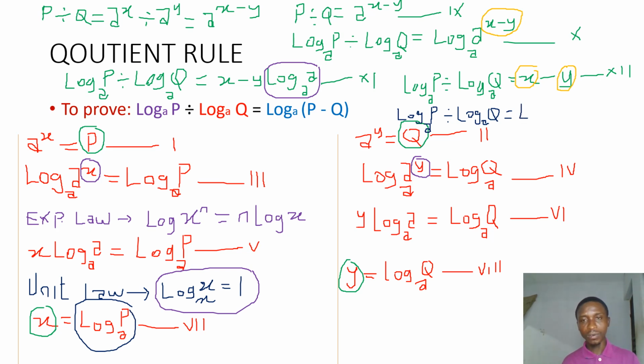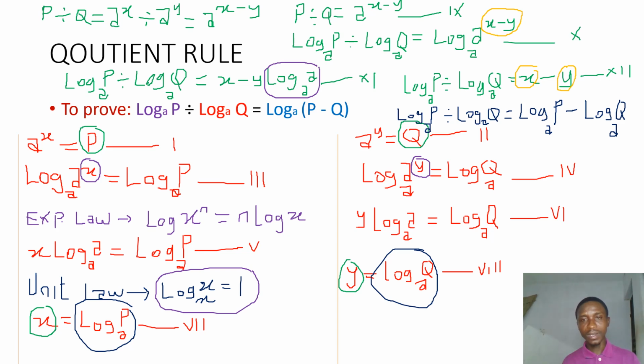Log p base a, then minus, look at the value of y. y is equal to log q base a, and that's what we substitute for y in equation 12. That will be log q base a, and this is what we are trying to achieve.